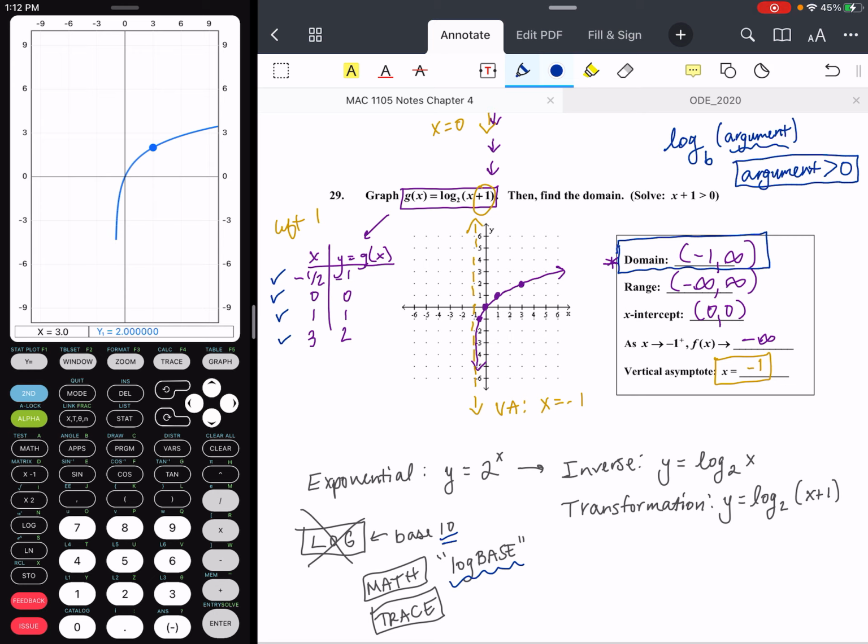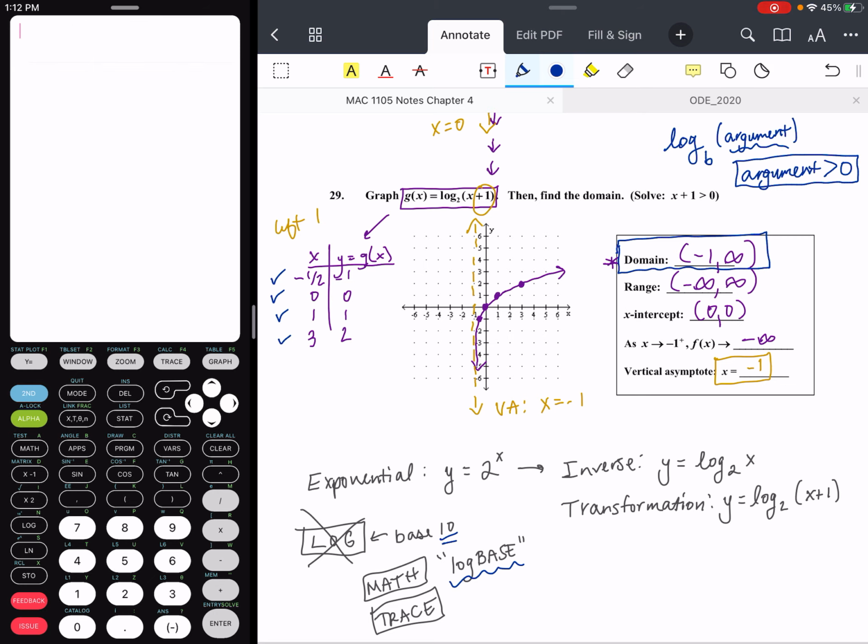And we can test this. I'm going to hit second and quit. So we can test this just with our common log button. So common log of 7 is 0.84. Common log of 1 is 0. Super. Log of 0. Oops, sorry. Let me clear that out. Didn't mean to do the double 0. Log of 0. You'll probably see a different error message, but you'll see some sort of error message on your calculator if you type log of 0.